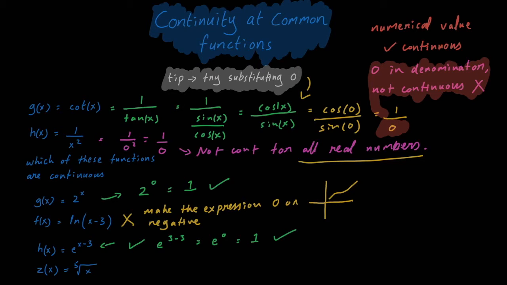And lastly, where x is inside an under root sign, for these, they are not defined for all negative numbers. You know that the under root of a negative value does not exist, so I can simply say under root of negative 5, and this does not exist, so it is not continuous for all real numbers.